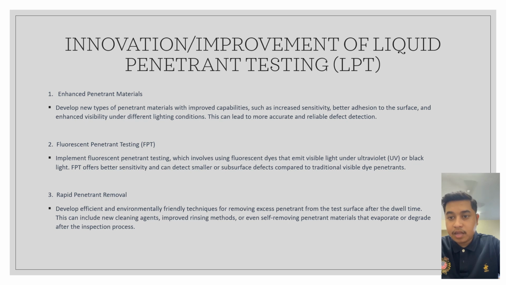Develop efficient and environmentally friendly techniques for removing excess penetrant from the test surface after the dwell time. This can include a new cleaning agent, improved rinsing method, or even self-removing penetrant material that evaporates or degrades after the inspection process.